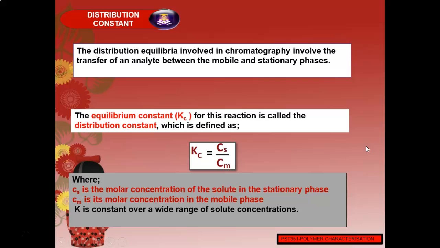Okay, the distribution equilibria involved in chromatography involve the transfer of an analyte between the mobile and stationary phase. The analyte is the compound that you are going to separate, and the equilibrium constant is given by the formula Kc equal to Cs over Cm, whereby Cs is the molar concentration of the solute in the stationary phase, and Cm is the molar concentration in the mobile phase.